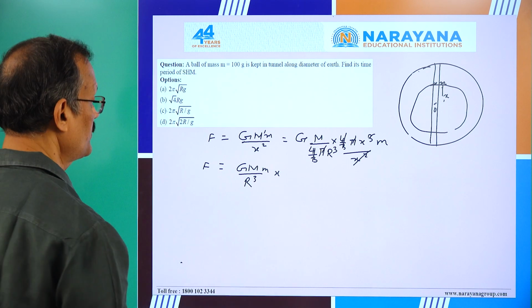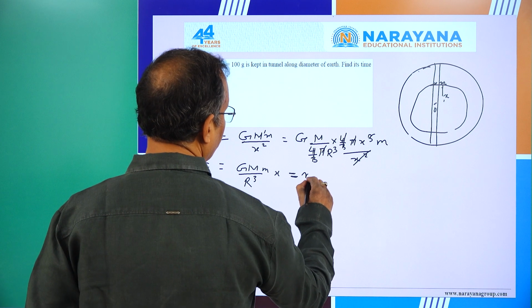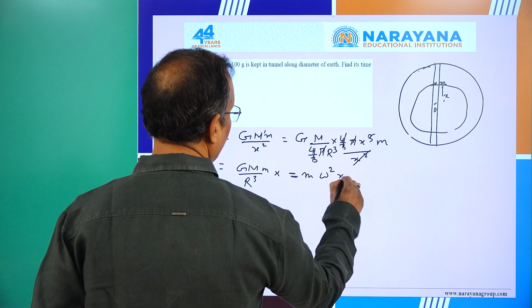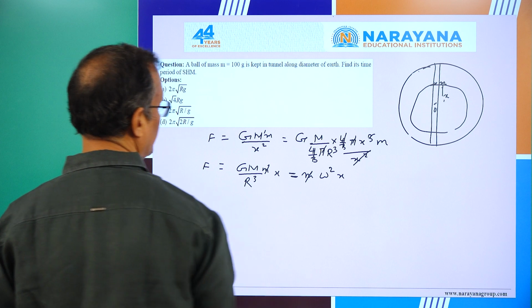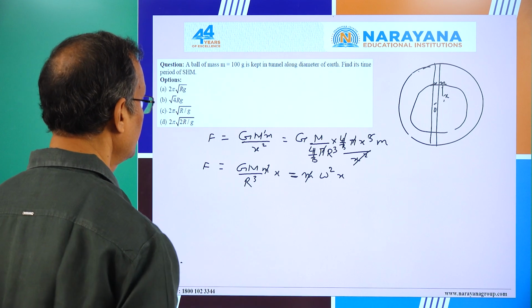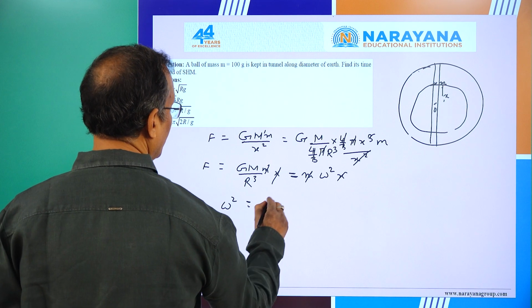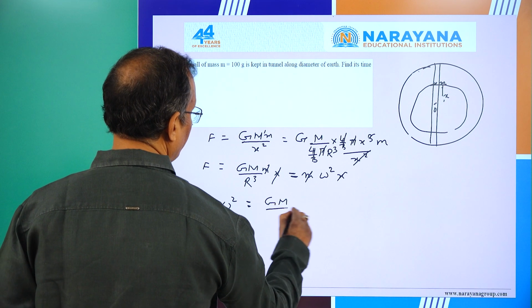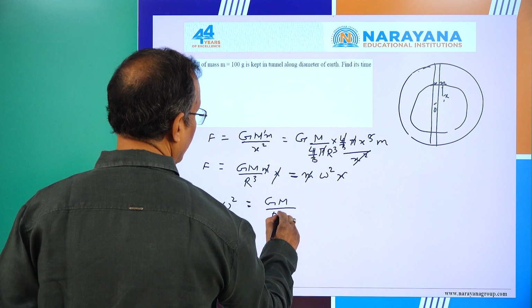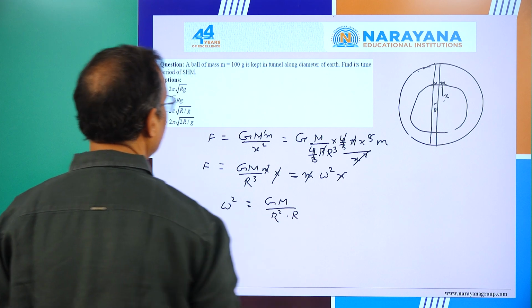Now this will be equal to m into a. So m omega squared x. This m is cancelled. You know that x is also cancelled. Omega squared will be G M by r cubed, and one r you keep here, right?